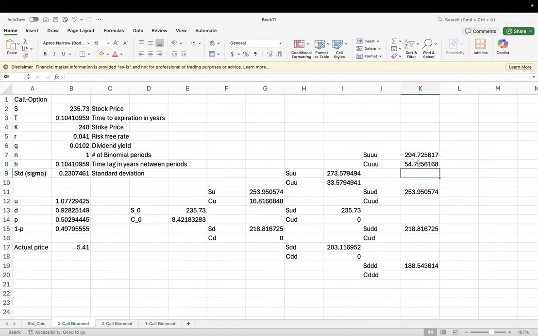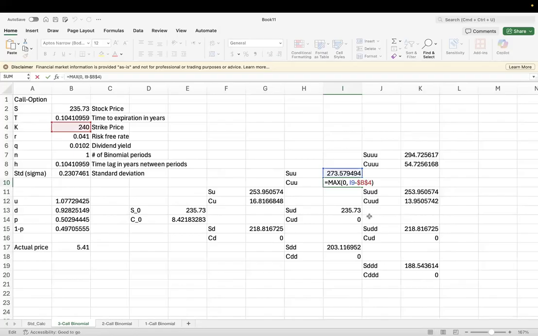Let's fix the strike price so we know that that's not going to change. Dollar sign, dollar sign. Use this formula here, here, and here. I got all the option prices at the last nodes. Now you have to calculate these. Let me just delete this.